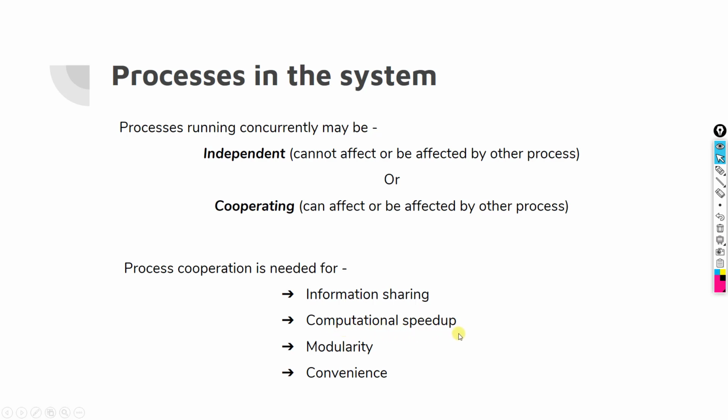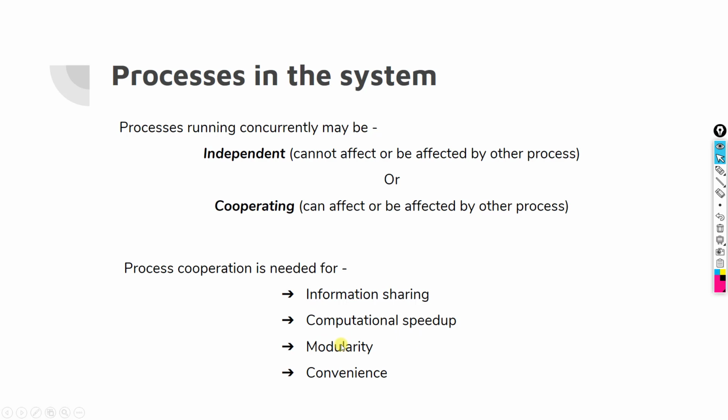Then comes computational speedup. For example, if you want to speed up a big calculation which takes time, and the processes are cooperating, then you can distribute the computational task among several processes, and in this way you can speed up the computation. Then modularity.